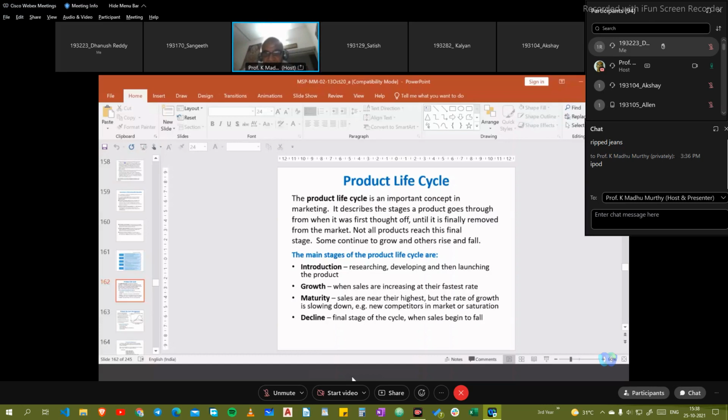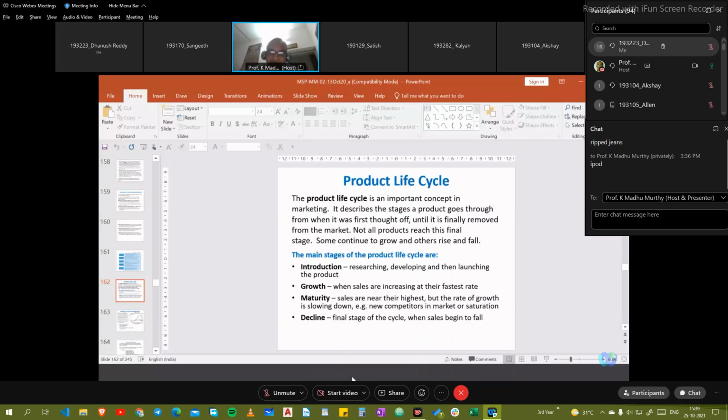Having understood what we mean by product life cycle, like each one of us has our own life cycle, we try to divide this into 4 or 5 phases. The 4 phases I am showing here: introduction, where we launch the product, releasing it into the market.